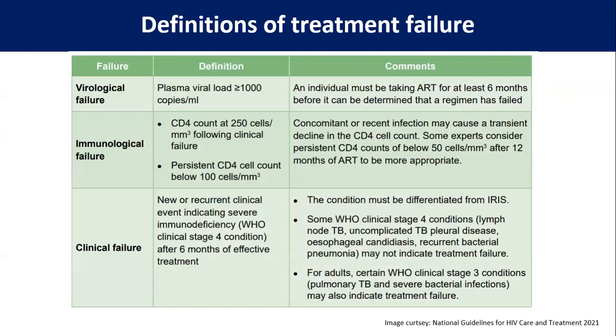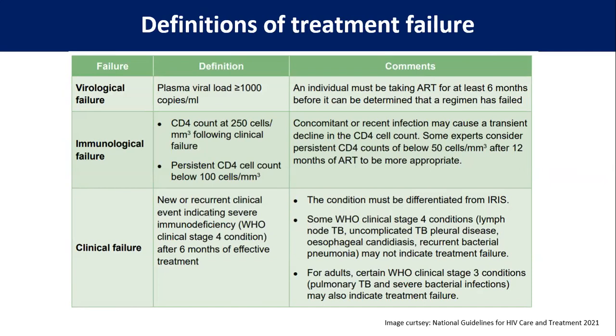then let us try to define what is virological failure in terms of viral load, and the immunological failure and clinical failure. The virological failure, we all know, is when the viral load goes beyond 1000 copies per ml after 6 months of ART with good adherence, that is more than 95% in each of the preceding 3 months.